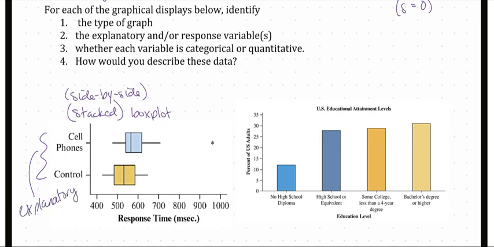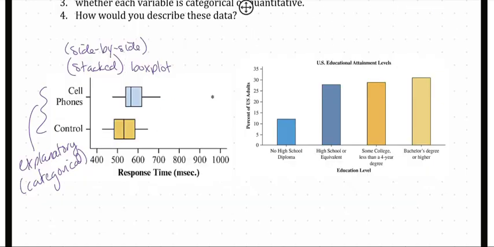It's unusual, or it's different, to see the explanatory variable on the vertical axis. And it is, as I said, categorical. The response variable is response time, and it is quantitative. When we have a box plot, we know that the response must be quantitative because box plots can only be used with quantitative response variables.